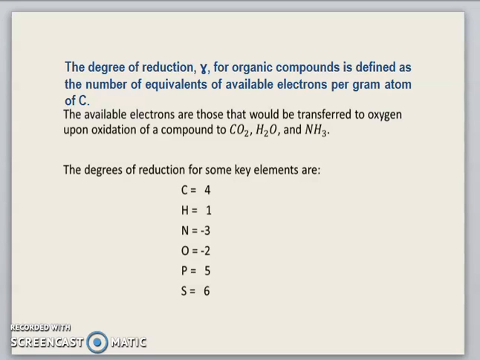So the degrees of reduction are shown here based on the element: for carbon, C is 4, H is 1, N is -3, O is -2, P is 5, and S is 6.